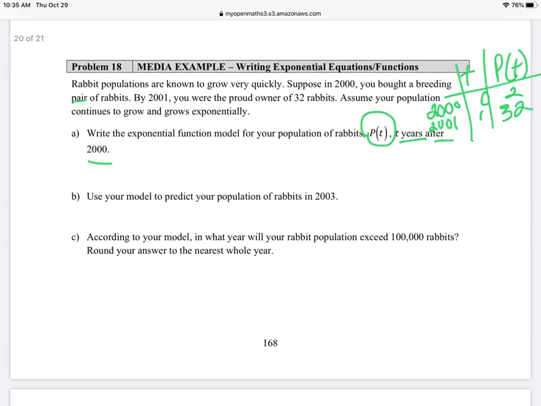Not because you bought more, but because your rabbits were breeding. That's what it says. Assume your population continues to grow and grows exponentially. So if this is the information for my function, I can use the initial value and find a common ratio for this and use that to create a function model. So my function model is going to be P of t equals, and then I'll look at this to see. So initial value, remember, is when the x is 0. So the initial value, the starting amount for this was 2.